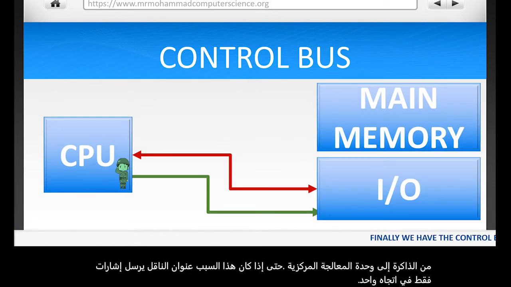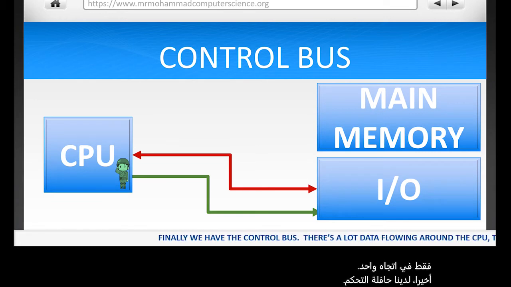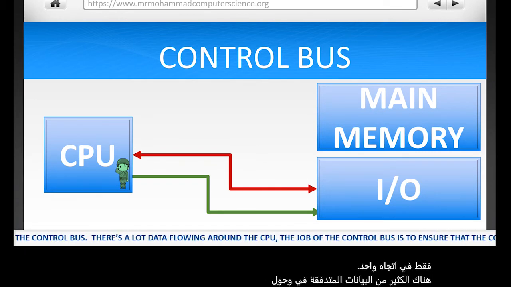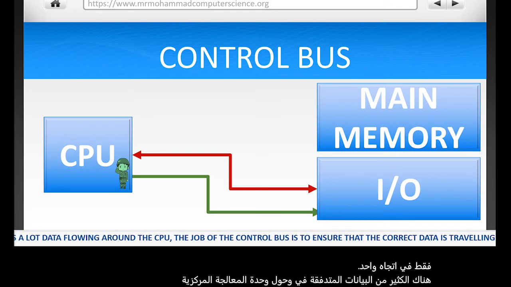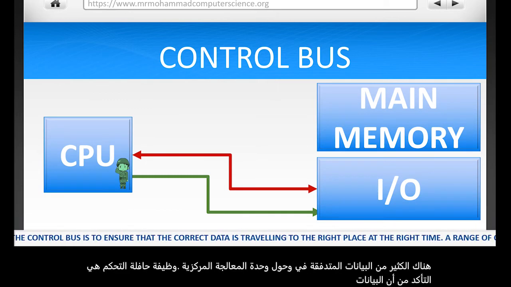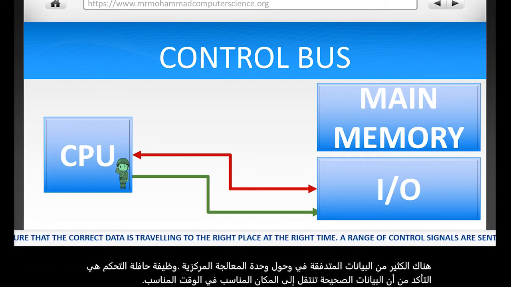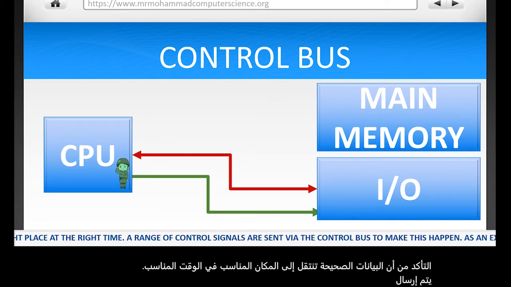Finally, we have the control bus. There's a lot of data flowing in and around the CPU. The job of the control bus is to ensure that the correct data is traveling to the right place at the right time. A range of control signals are sent via the control bus to make this happen.